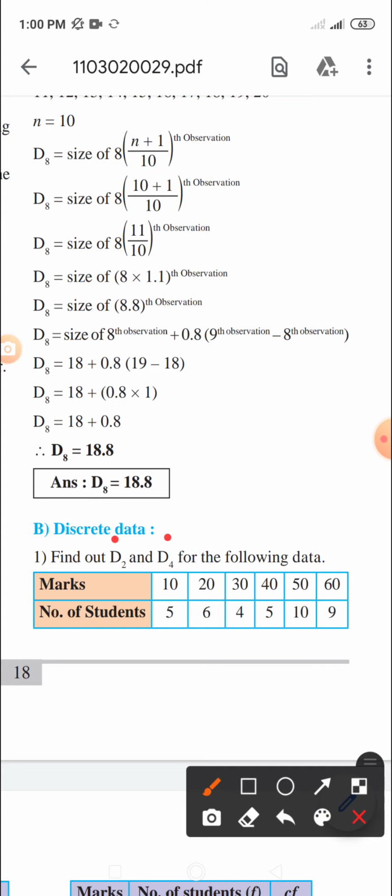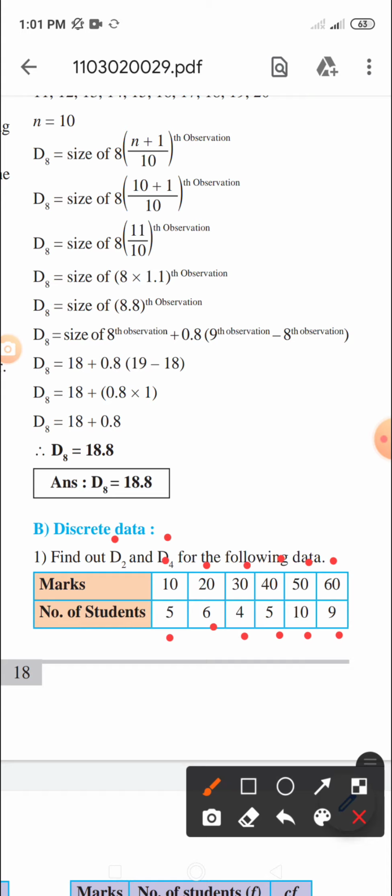Marks are 10, 20, 30, 40, 50 and 60. Number of students: 5 students obtained 10 marks, 6 students obtained 20 marks, 4 students obtained 30 marks, 5 students obtained 40 marks, 10 students obtained 50 marks and 9 students obtained 60 marks.